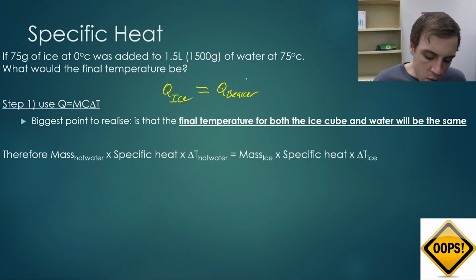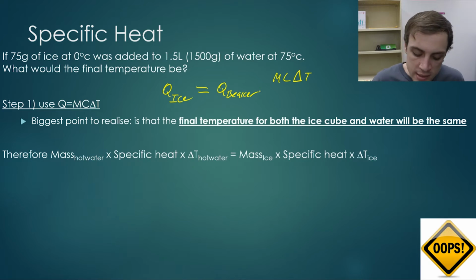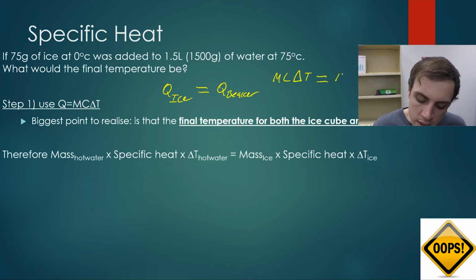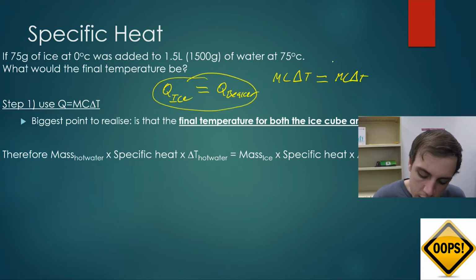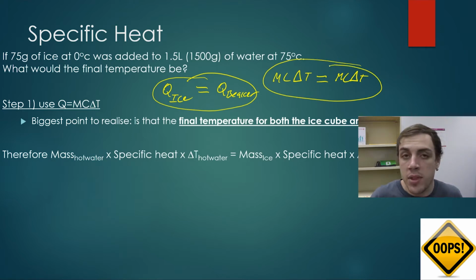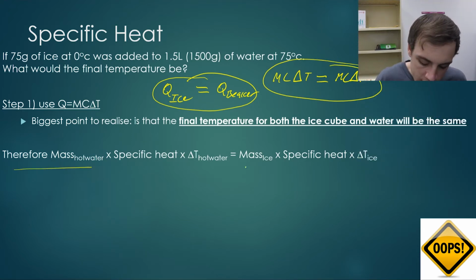We can write the equation as mc delta T, because remember, Q is equal to mc delta T. So the heat gained by the ice is the same as the heat lost by the beaker, which we can say is the same as the mc delta T of the ice is equal to the mc delta T of the hot water. So this and this mean the exact same thing, and that's what I have done down here.